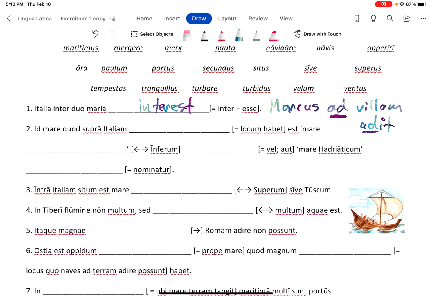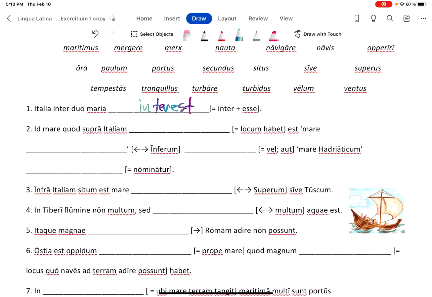And here, it's the same thing. We don't actually need to have the preposition twice. We could get rid of the ad here, and because adit can go with vilam without it changing, it would still mean Marcus goes to the villa. But it adds emphasis, and it doesn't hurt to also include the preposition ad. Bene, after that brief digression, let's go to number 2.